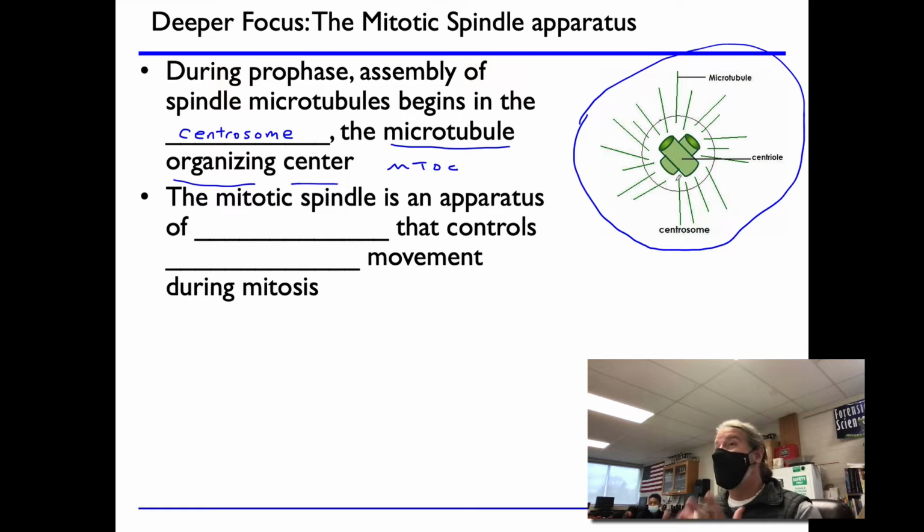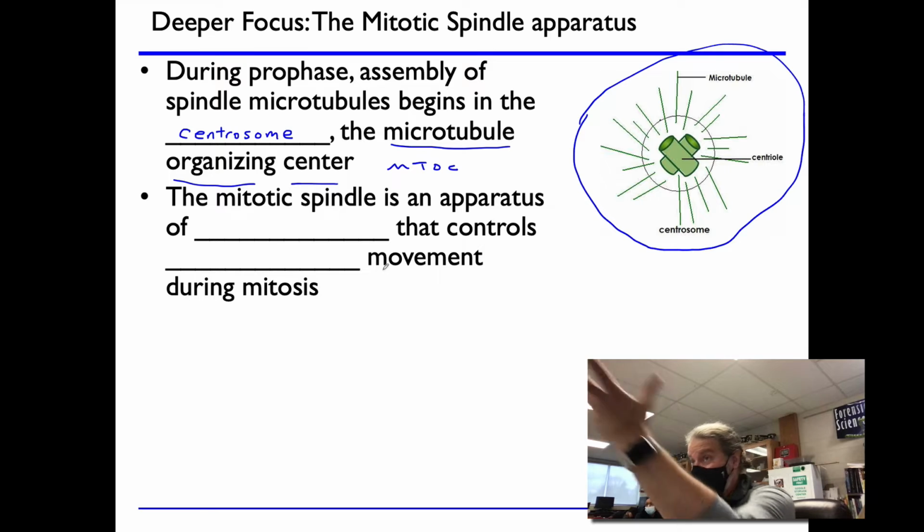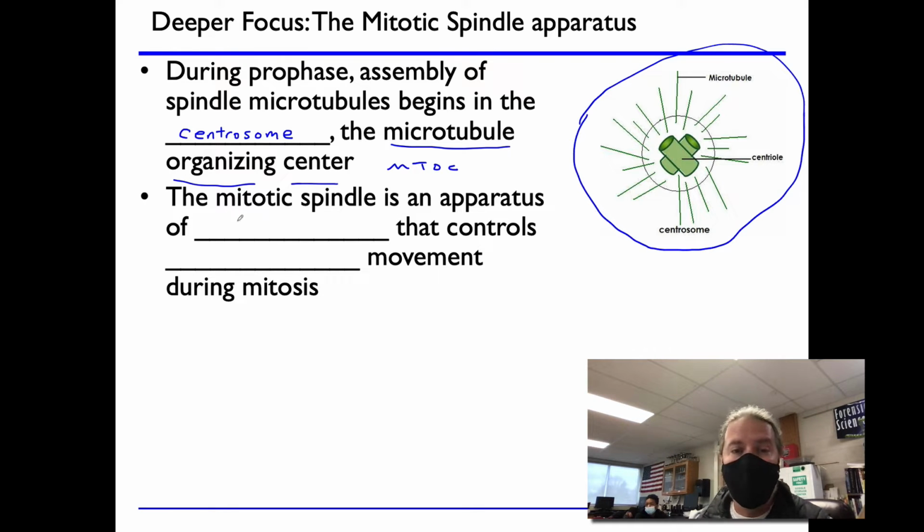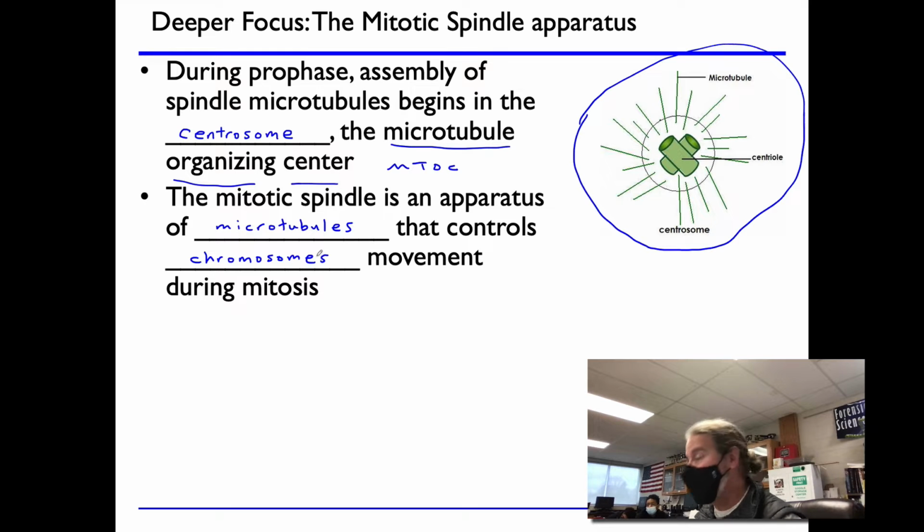Now, the mitotic spindle apparatus, if we use that phrase, we're basically talking about the centrosome and what comes out of it, which is a lot of microtubules that control the chromosomes and their movement during mitosis.